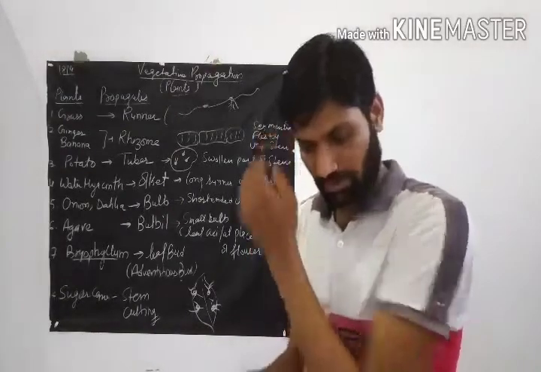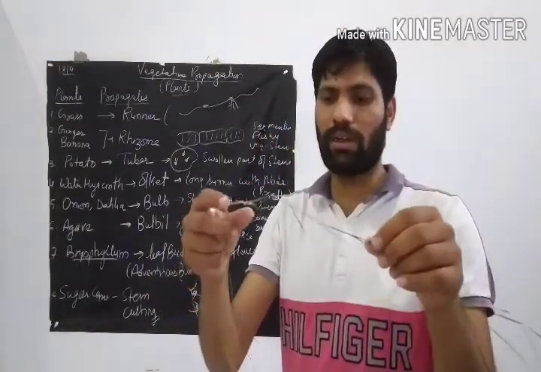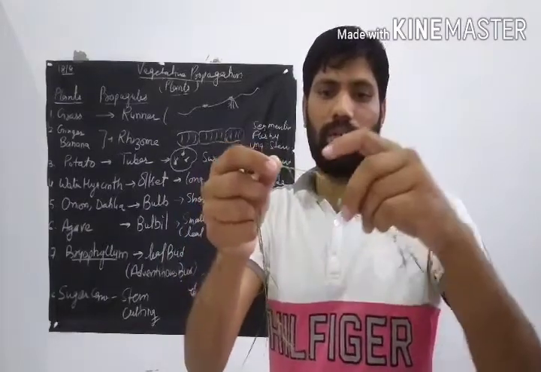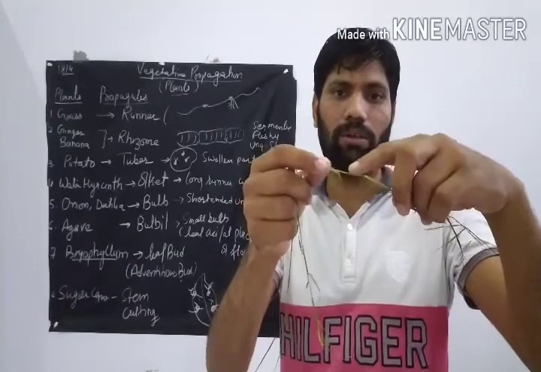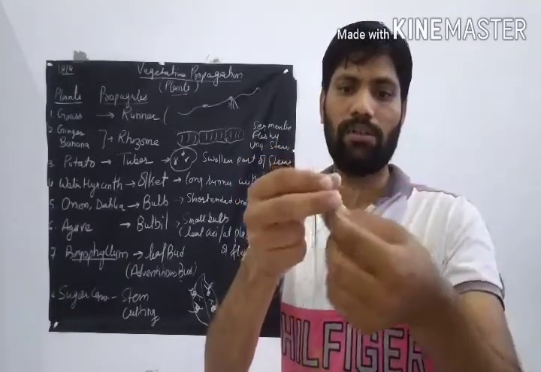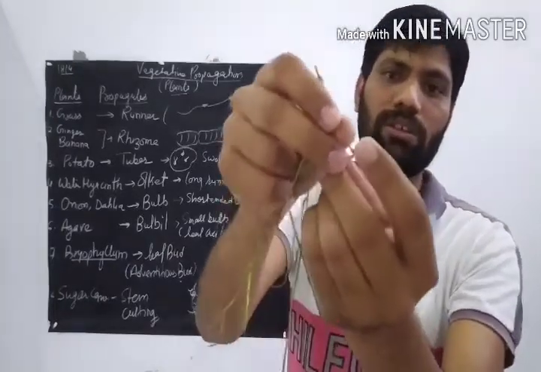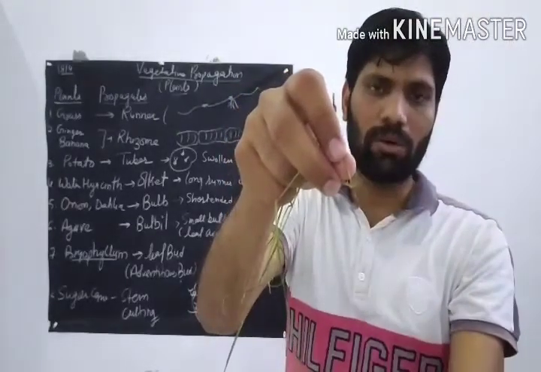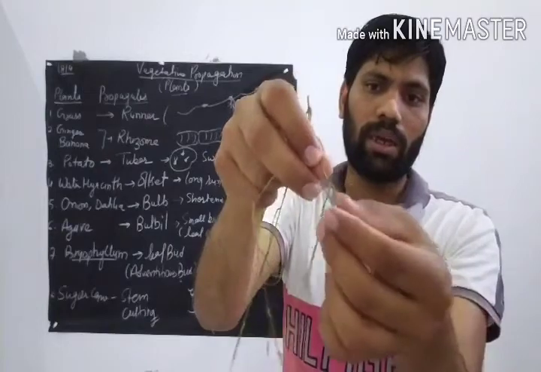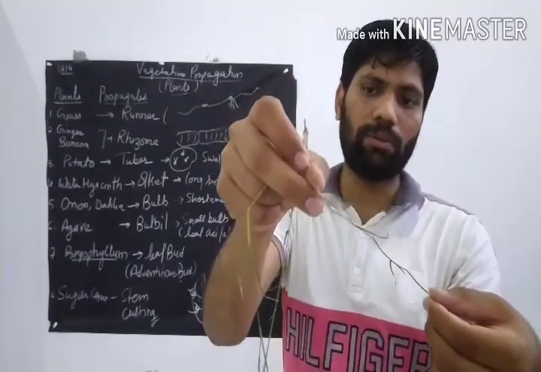Now this is a runner, this is the node, and this part is an internode. From this node part, some adventitious roots come out and go into the soil, and again they form a new branch.